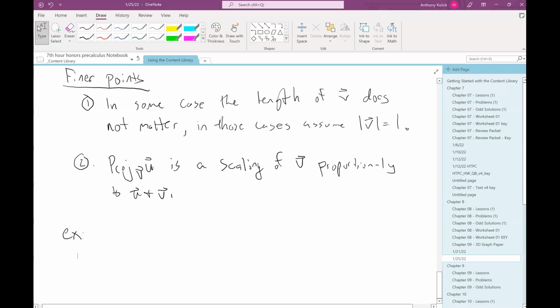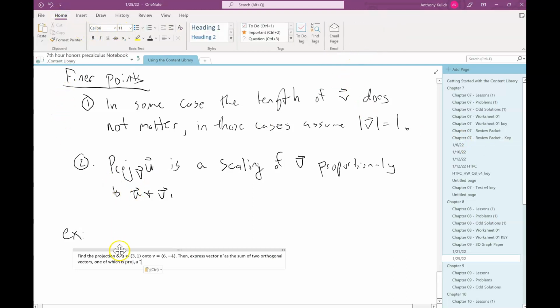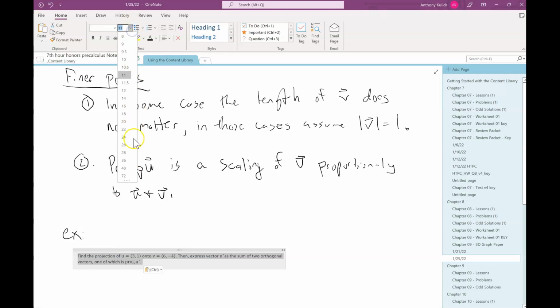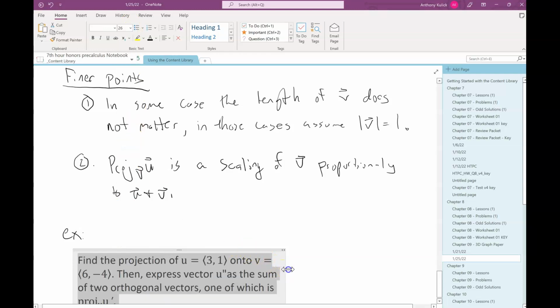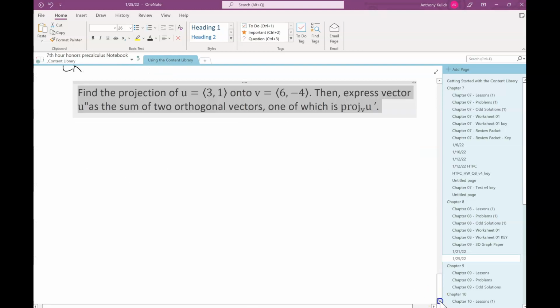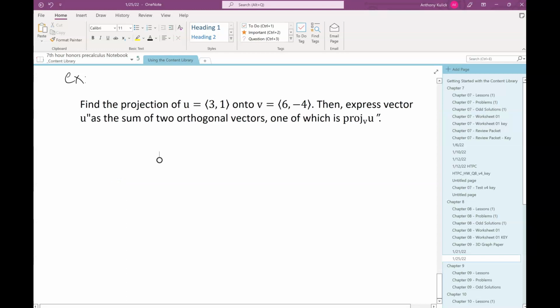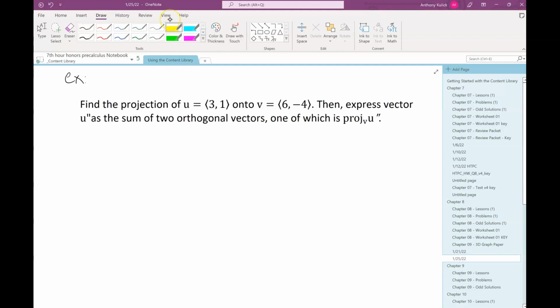Let's do a numeric example here to get used to the calculation. So here we're asked to find the projection of u onto v, and then express the vector u as the sum of two orthogonal vectors, one of which is the projection of u onto v.